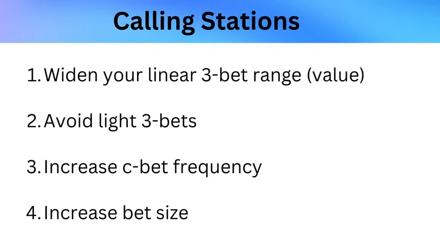And number 4 is you want to increase your bet size. So if you are c-betting as a bluff, then you can increase your bet sizing, and again, this is versus weaker players. When I say calling stations, I kind of assume that all calling stations are more on the recreational side.